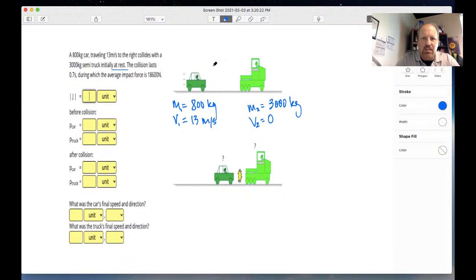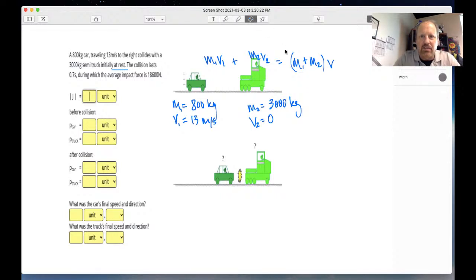So that means M1 V1 plus M2 V2 equals M1 plus M2 times V. Oh wait, take that back. That is not happening. This is if they were colliding and sticking together, but that's not happening.